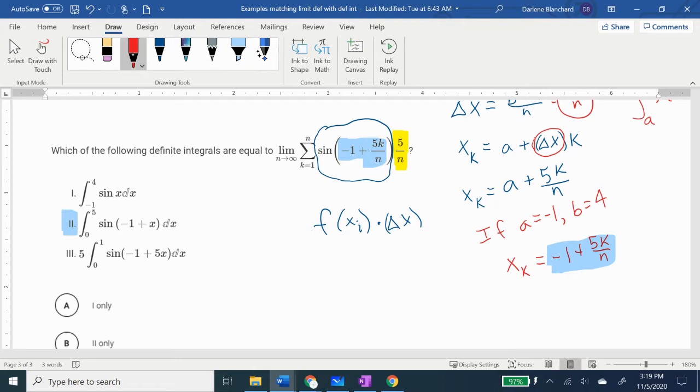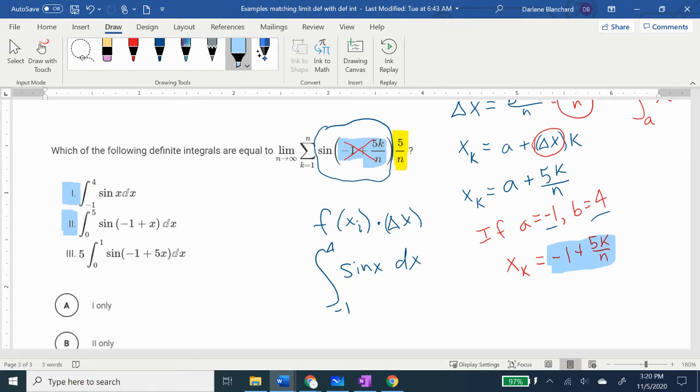If I replace all of that with an x, then this thing that I have circled in blue is my f of x function being integrated. So that would be sine x. And I would be going from negative 1 to 4. And then I put a dx differential on the end. And then I take a look and see if any of my integrals match that, and number 1 matches it.